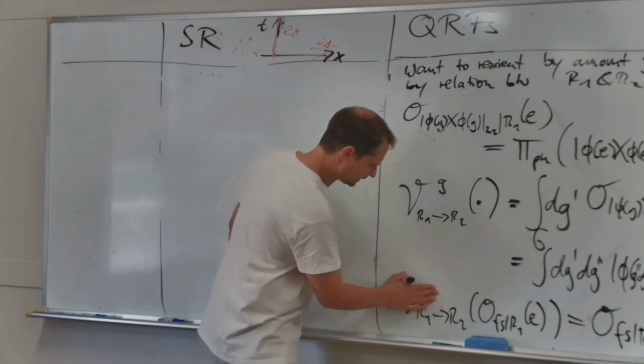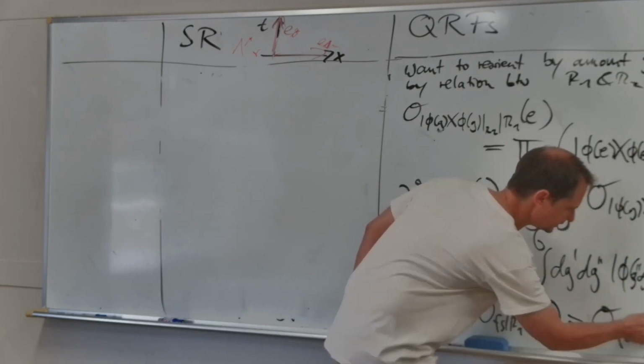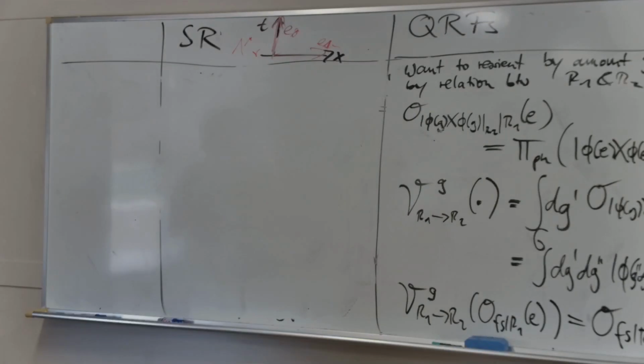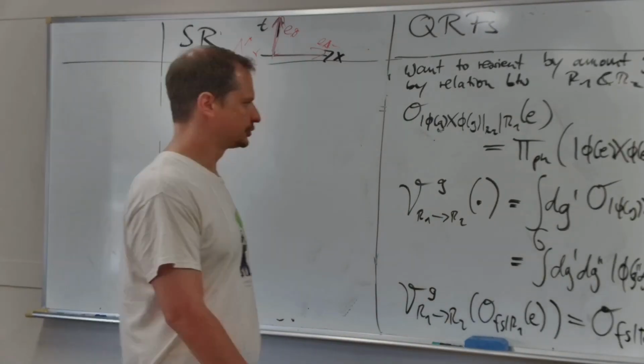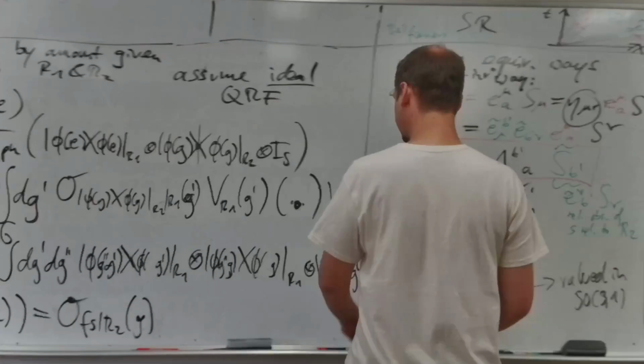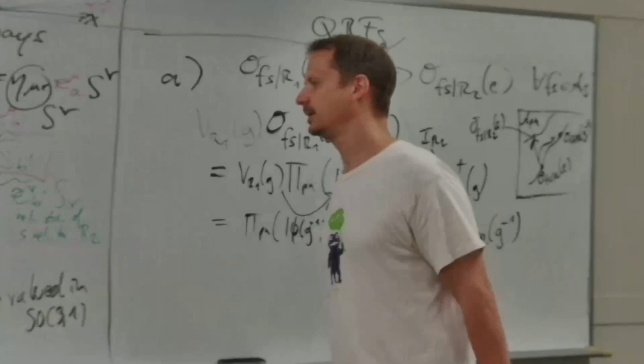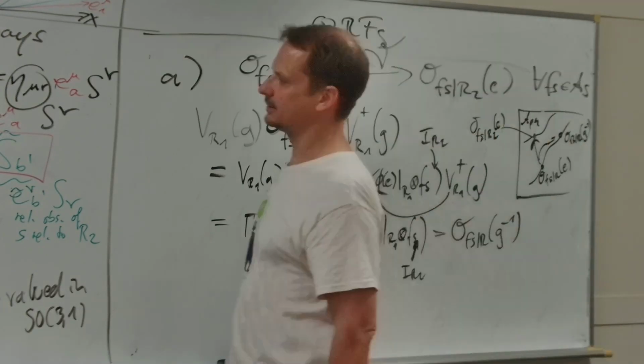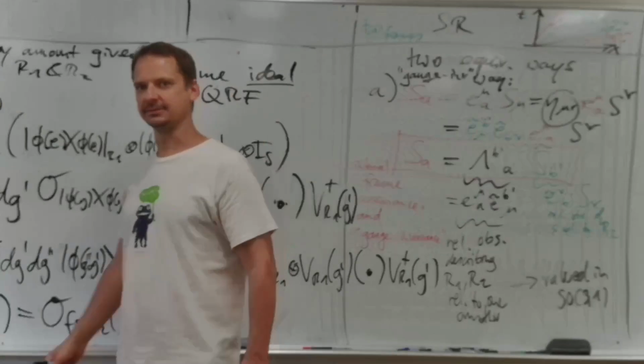Or you can leave it at G, it does not matter. To show this, it's not super difficult, but as an exercise it will require a couple of lines to write down.